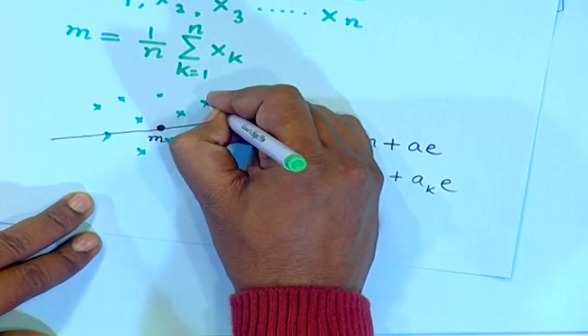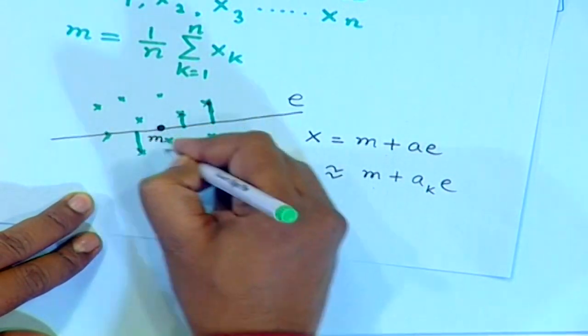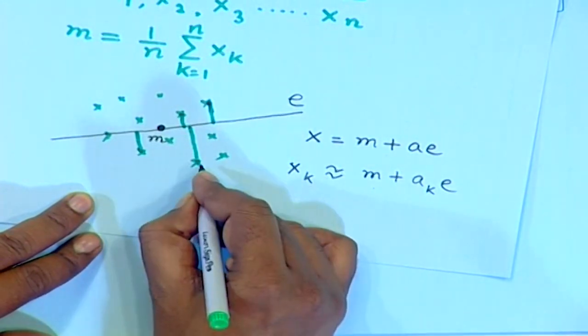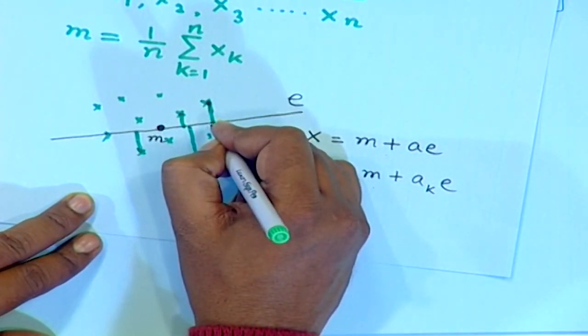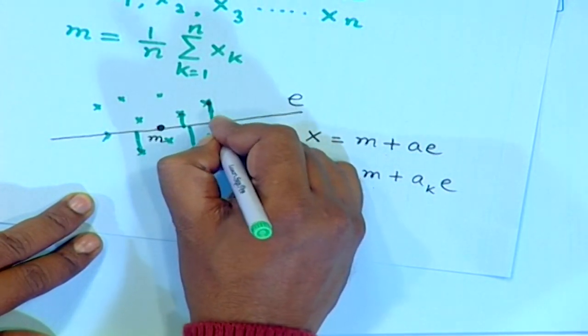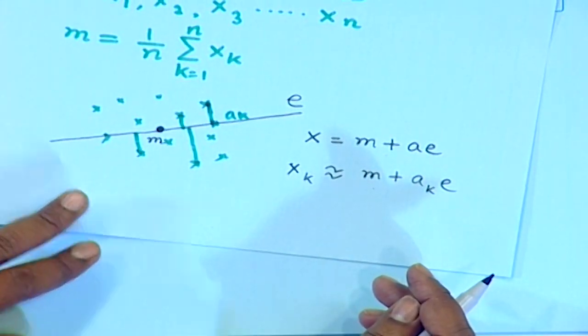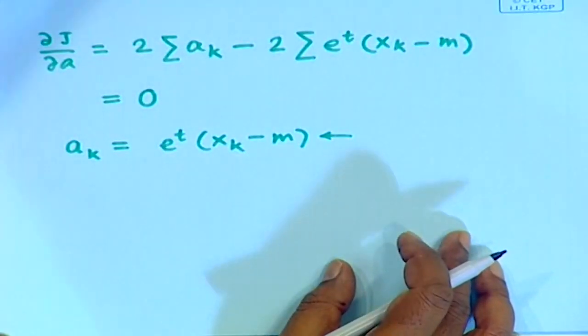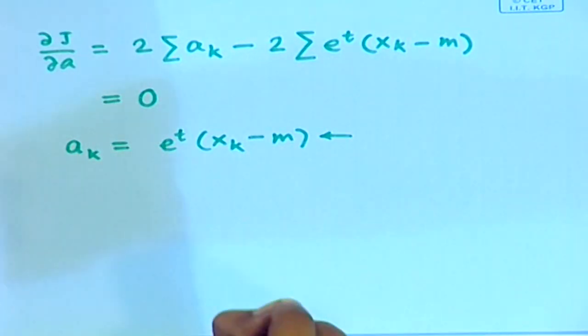And how do I compute this? This is nothing but projections of different x_k onto this line. This projection is an orthogonal projection, and that gives me the position a_k. So, the best kind of representation in one dimension is to take the orthogonal projection of the d-dimensional feature vectors onto a line passing through the centroid.